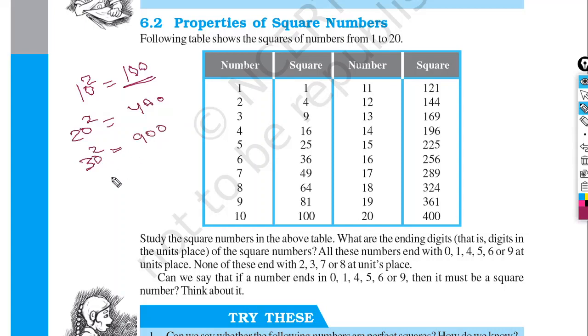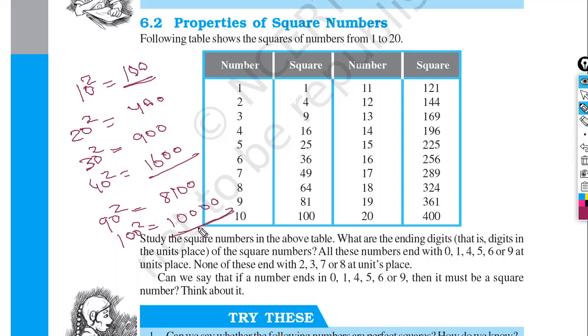Now if you find 40 square, then 1600, then 90 square equal to 8100. Now you consider 100 square, which will be equal to 10,000.